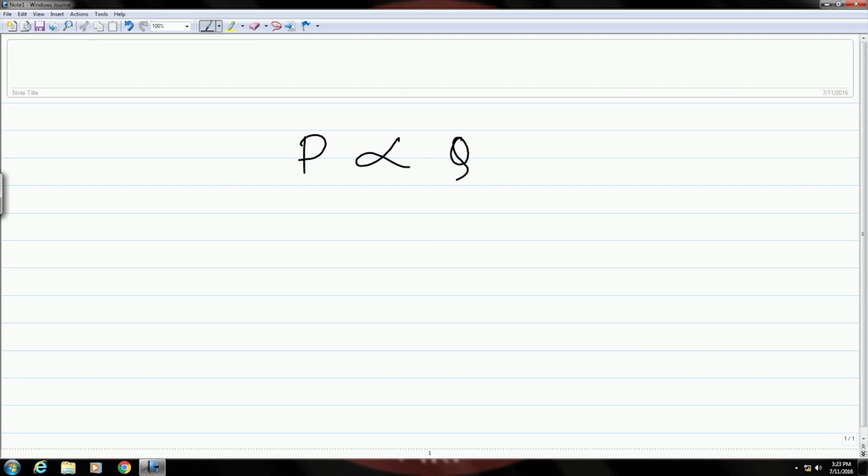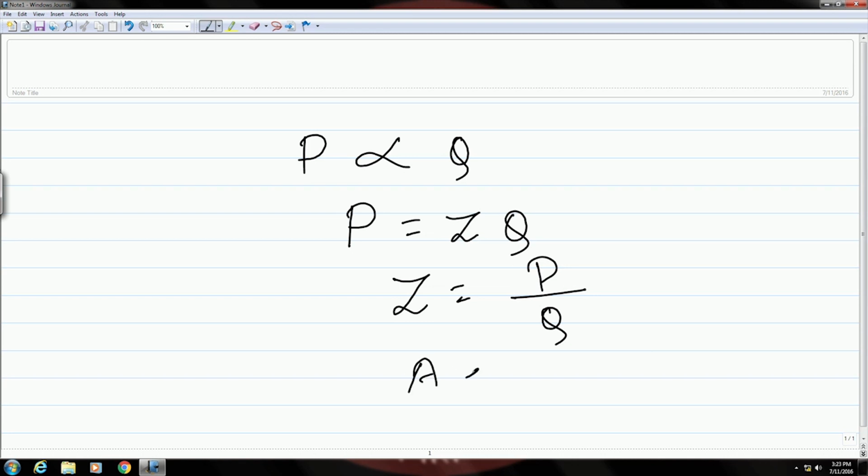Higher the P, higher will be the movement between the atoms. Now, if you introduce this proportionality constant, then you can write it in this fashion, and this parameter Z, which is P by q, is known as acoustic impedance. So, this is nothing but the total resistance to the movement of sound waves through a particular medium.